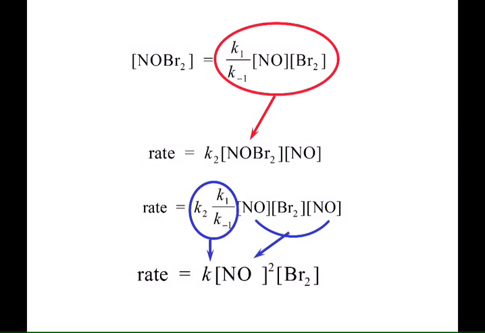And I have, using the first elementary step, gotten rid of the intermediate and applied it to the rate determining step, the second one, and now have a rate law expression according to the mechanism that matches what was observed. It's fun. Fun with algebra.